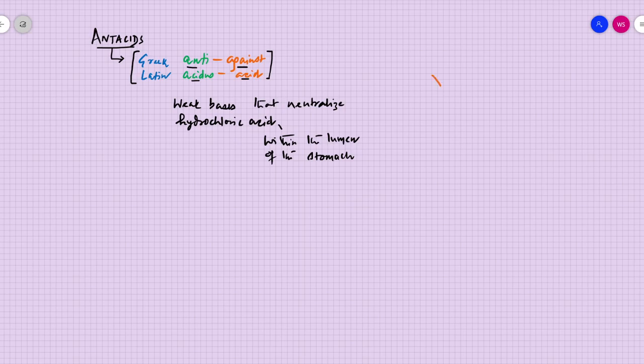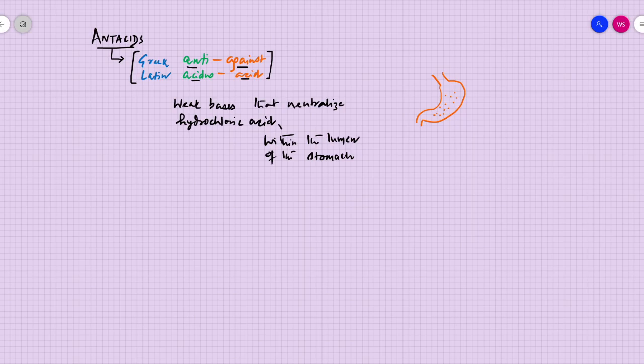If this diagrammatically represents the stomach, then antacids are drugs which neutralize the acid which is present within the lumen. By lumen we mean what is present inside the stomach.